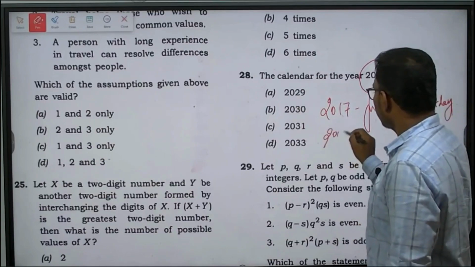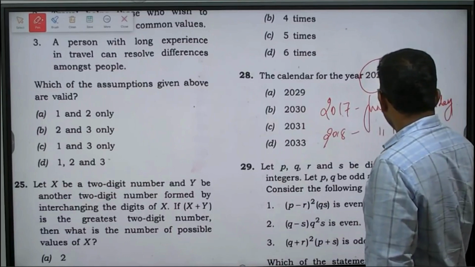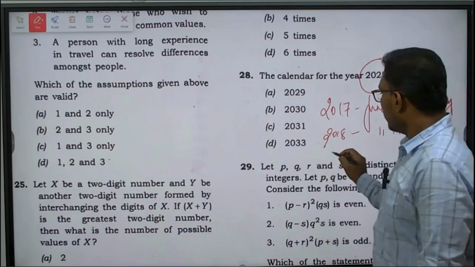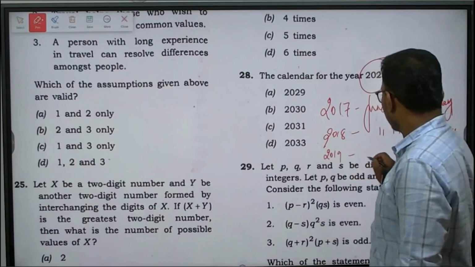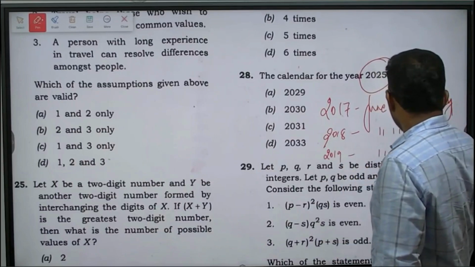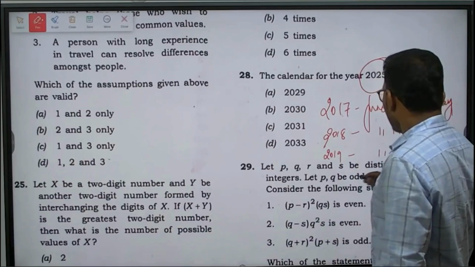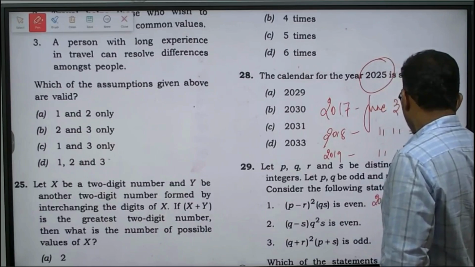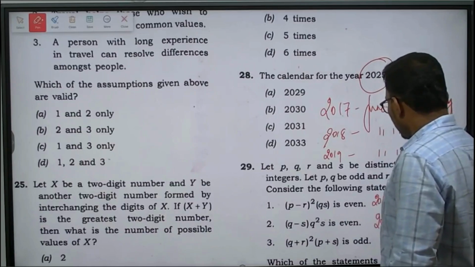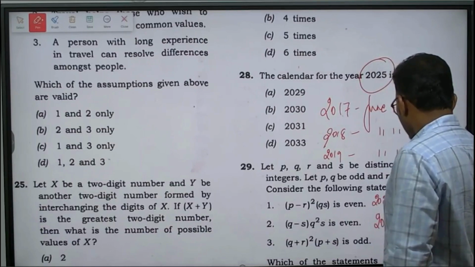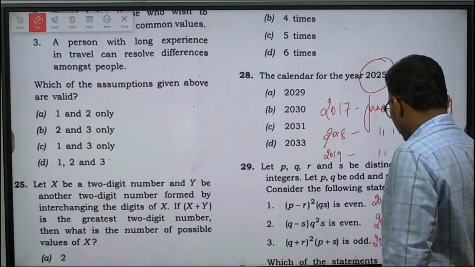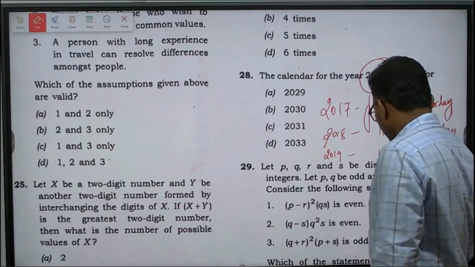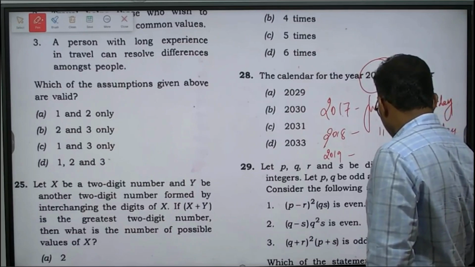In 2018, the same June 3 was a Sunday. In 2019, the same June 3 was a Monday. In 2020, it was not on Tuesday, it was on a Wednesday. In 2021, it was on Thursday. In 2022, it was on Friday. In 2023, it was on Saturday.